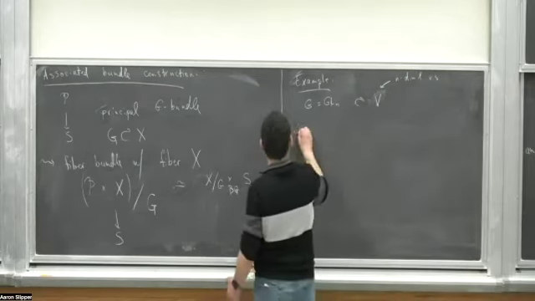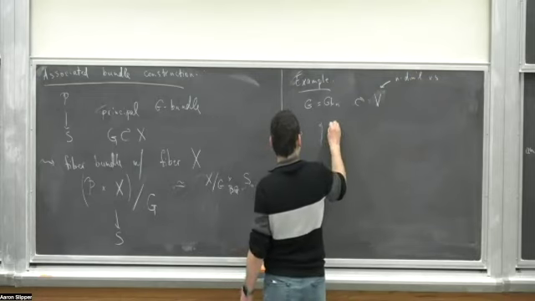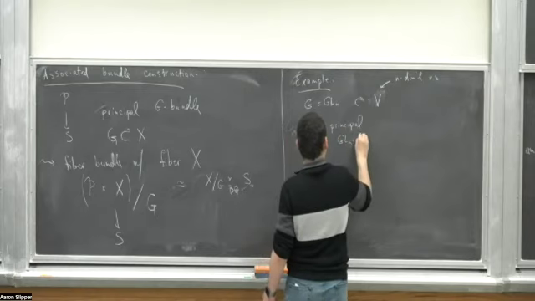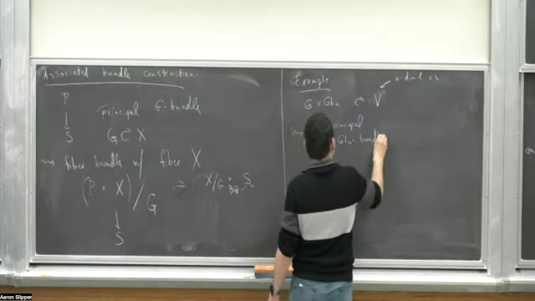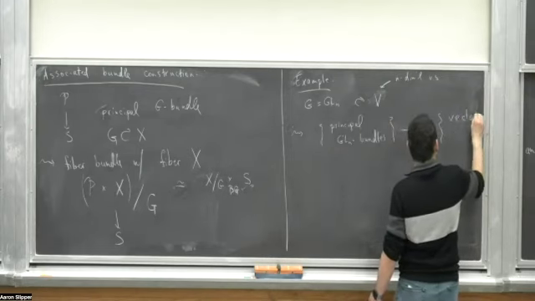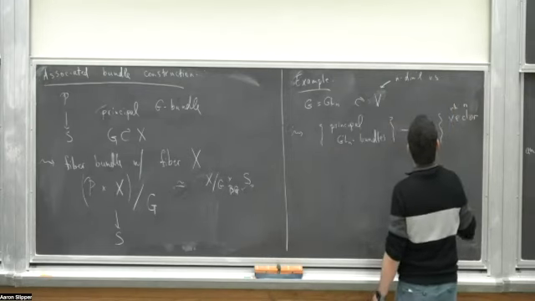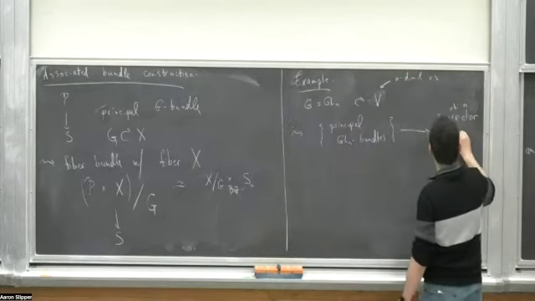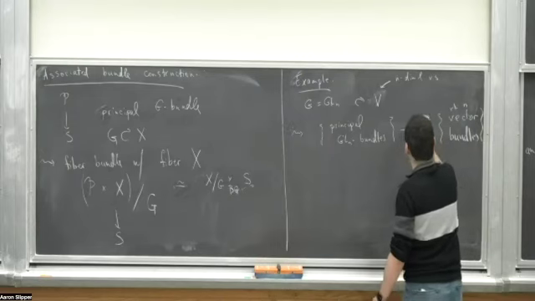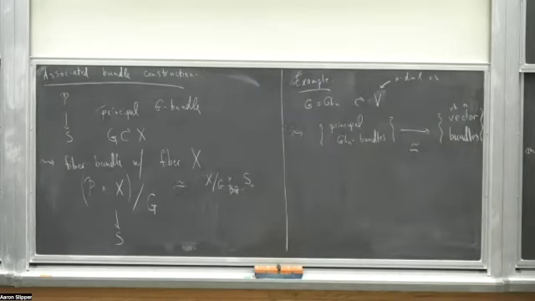And so this gives a way of going from principal GLn bundles to rank n vector bundles. And this is in fact an equivalence.